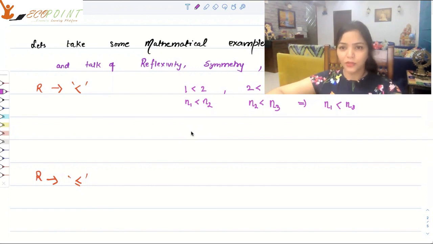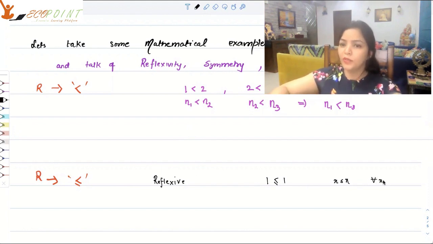With less than or equal to, let me start with the concept of reflexivity. So is this relation reflexive? Absolutely. Because any number is less than or equal to itself. x is less than or equal to x for all x belonging to the set of natural numbers. Okay.